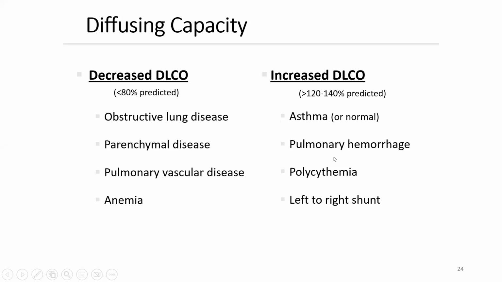So we see in the cases of diffuse alveolar hemorrhage in any autoimmune disease, the diffusion capacity for carbon monoxide is increased because here there is more blood than expected. So the diffusion capacity for carbon monoxide is increased in cases of polycythemia, in cases of left to right shunt.